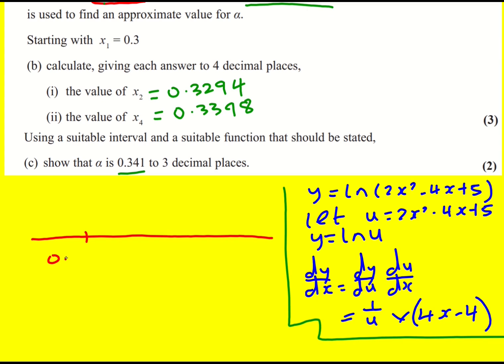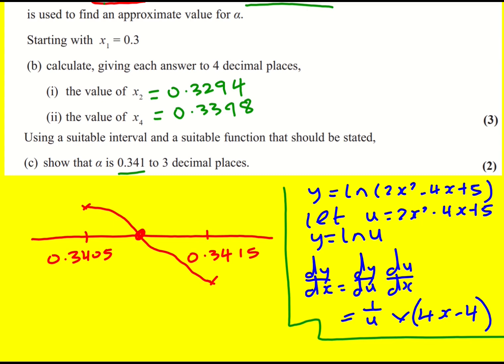So I'm going to show there's a sign change between 0.3405 and 0.3415. Because if I can show it goes from positive to negative or vice versa, and the function is continuous, then the root lies between these values.